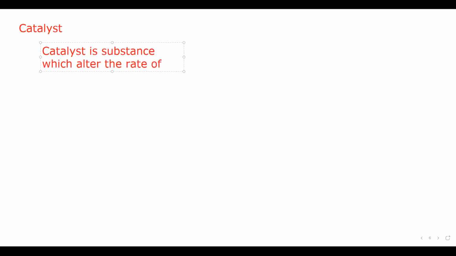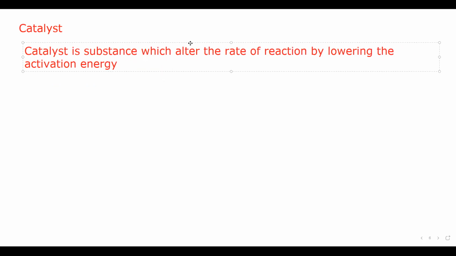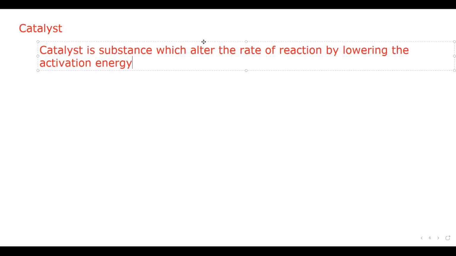So a catalyst is a substance which alters the rate of reaction by lowering the activation energy. A substance which increases the rate of reaction by lowering the activation energy, we call that substance a catalyst.